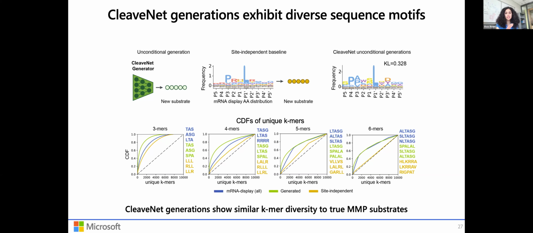But as the length of these k-mers grows, the behavior of this site-independent sampling approaches linear behavior, suggesting that this is closer to a random distribution of these k-mers at these longer lengths, whereas with our CleaveNet generations, we are consistently capturing the behavior of the true substrates from the mRNA display dataset.